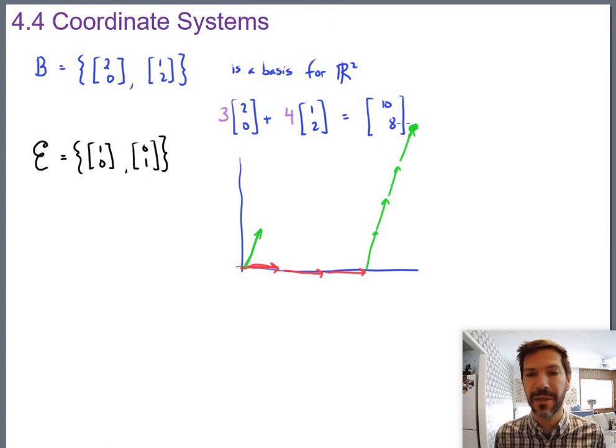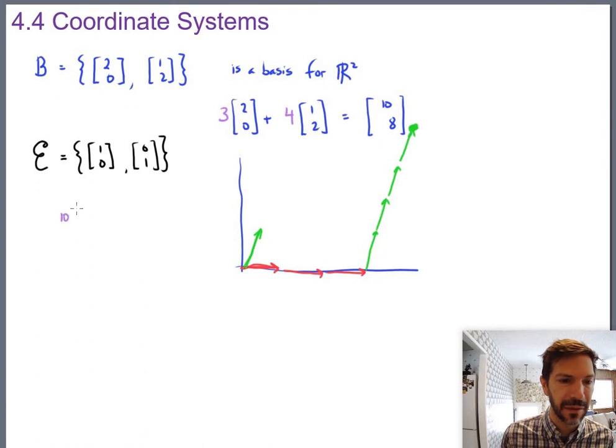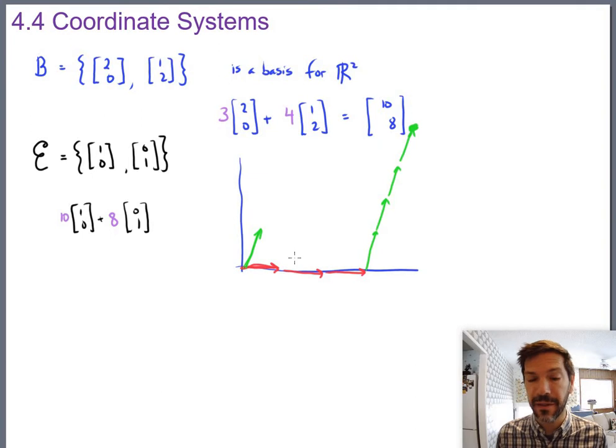And we could get to that same point in standard coordinates, standard basis, by doing 10 of the first one and 8 of the second one. That would also get us to that same point.